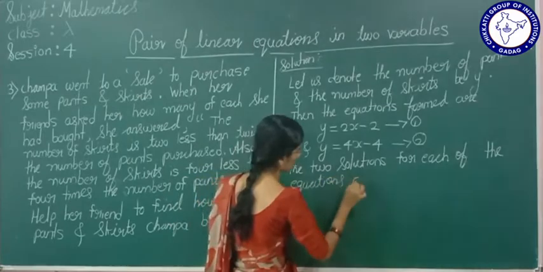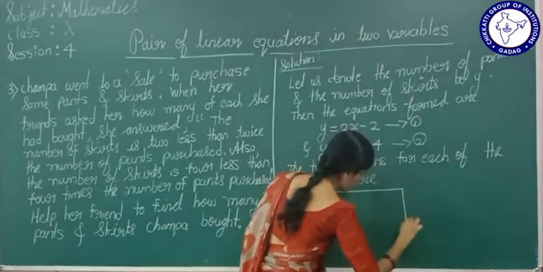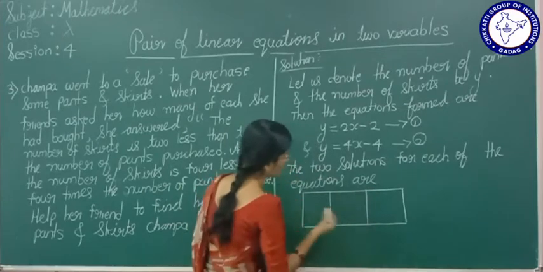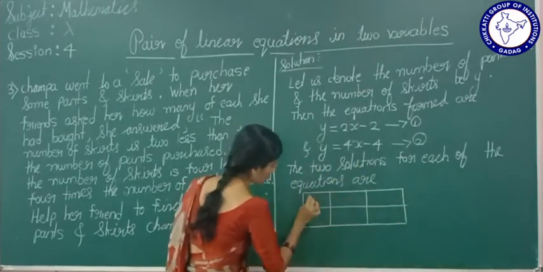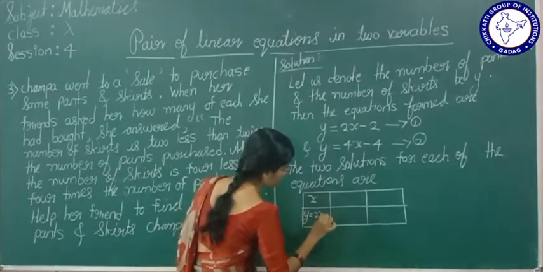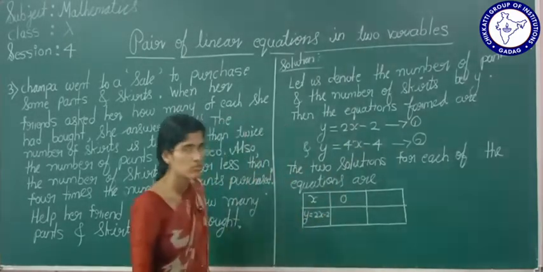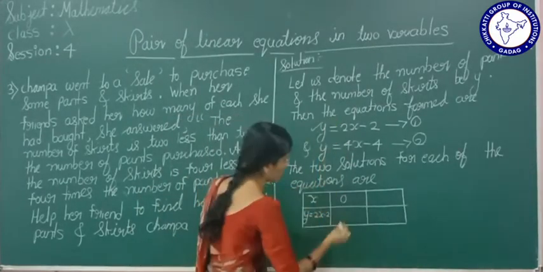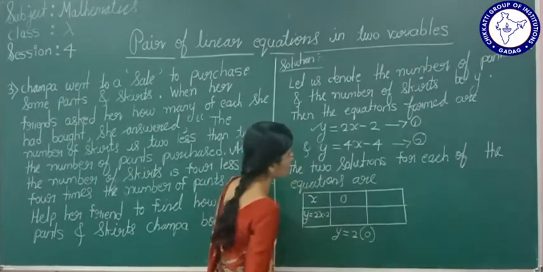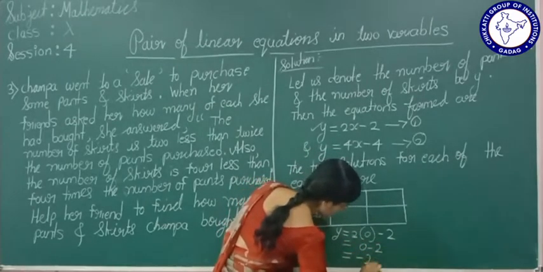We put in the value of x and find the corresponding y value. If I put x is equal to 0, what is the y value here? y is equal to 2x minus 2. x means 0, 2 zeros are 0, 0 minus 2 is minus 2.